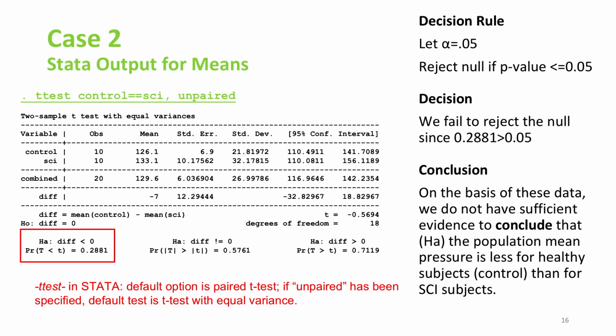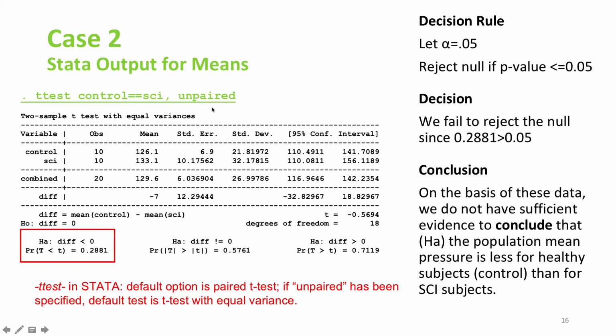And then with the equal variance, we're going to test the second step. That's the actual goal of this whole test: we want to test if the mean is equal. So now we're choosing this one. The t-test default option is paired t-test, so if you're using unpaired, you need to say it.